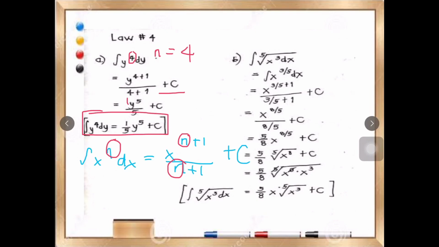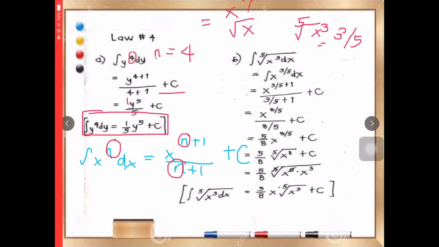Another example, the integral of the fifth root of x to the third dx. Let's simplify the given first, so we will get the integral of x to the 3 over 5, because we know that the square root of x is x raised to 1 half.